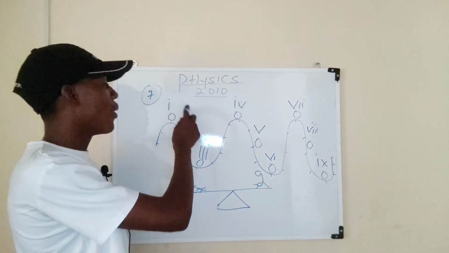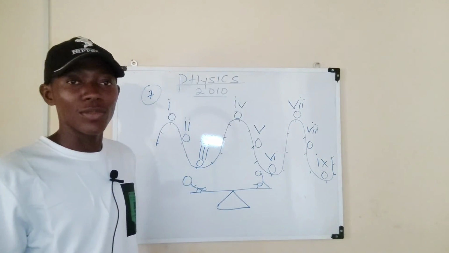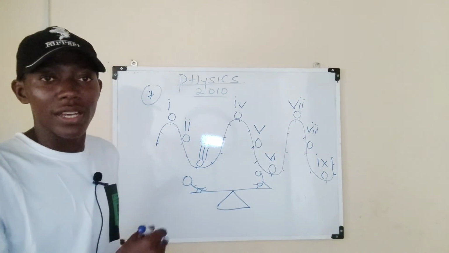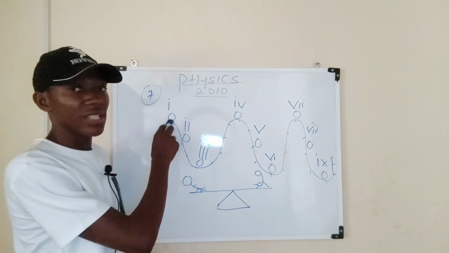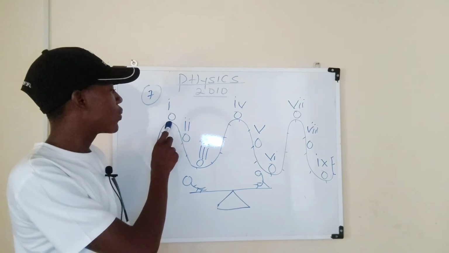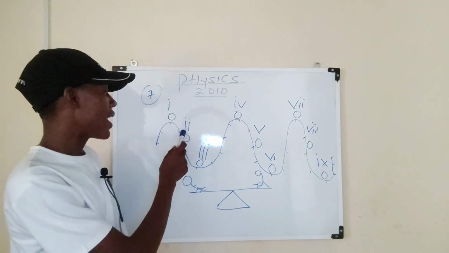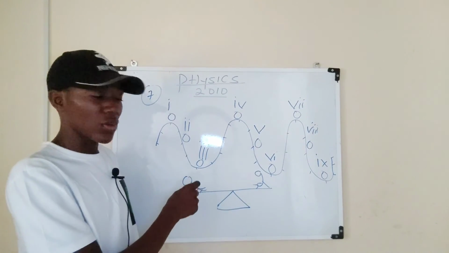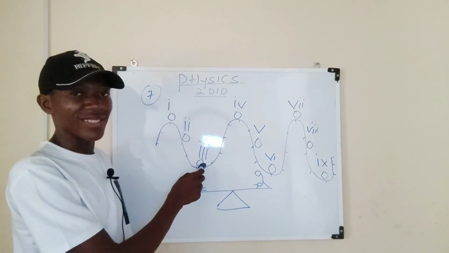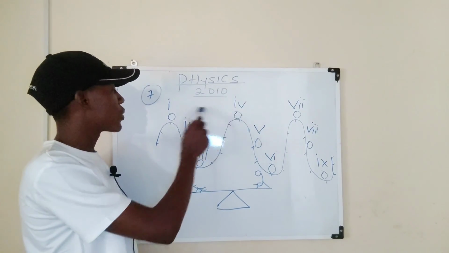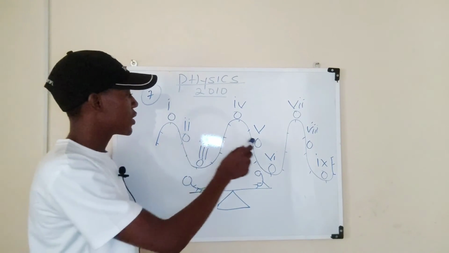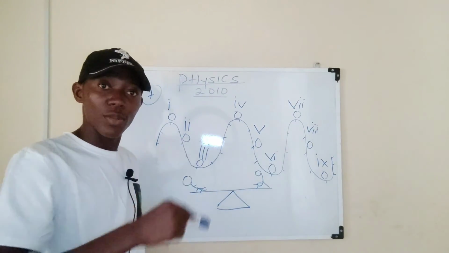Now this is a ball that is represented. The ball is represented at different points here, and when you look at the position here, I, you find out that the ball will tend to roll down. And if you look at point III, you're going to find out that the ball will be stable at this point. It cannot be stable at this point, and this point, because it will always roll down. And at this point, this point, this point, it is in the process of rolling.